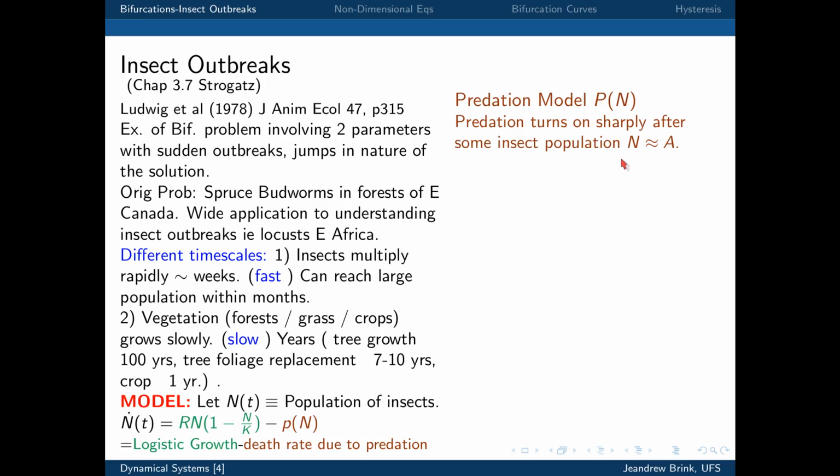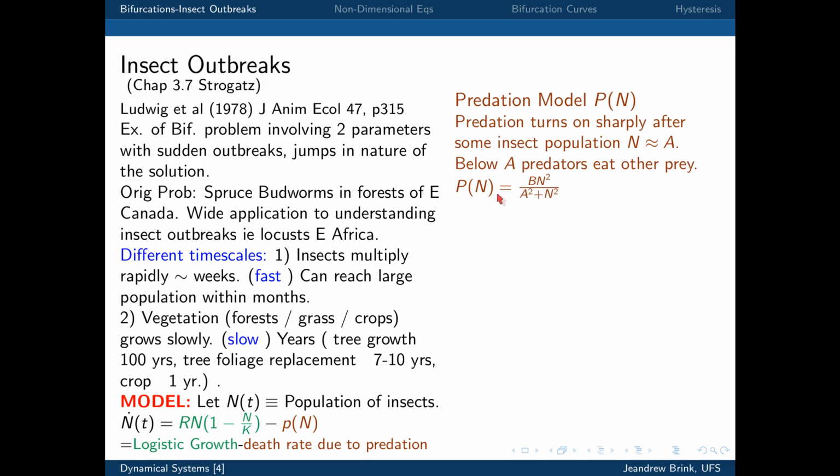Okay, and the second consideration in this model was that the predators cannot eat more than a maximum rate. So if there are a lot of budworms available, each bird can only eat a certain amount before it's full.